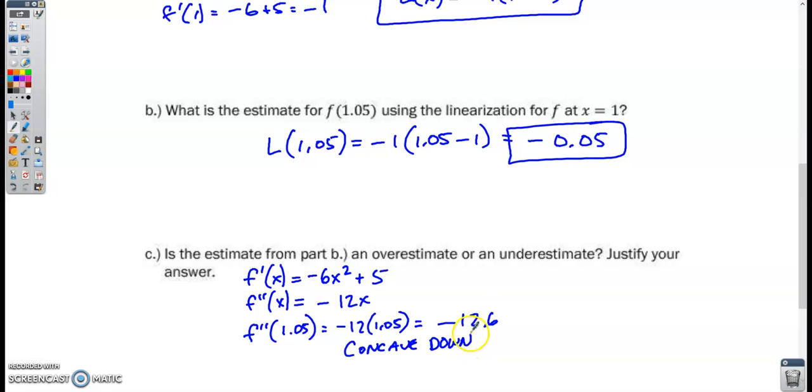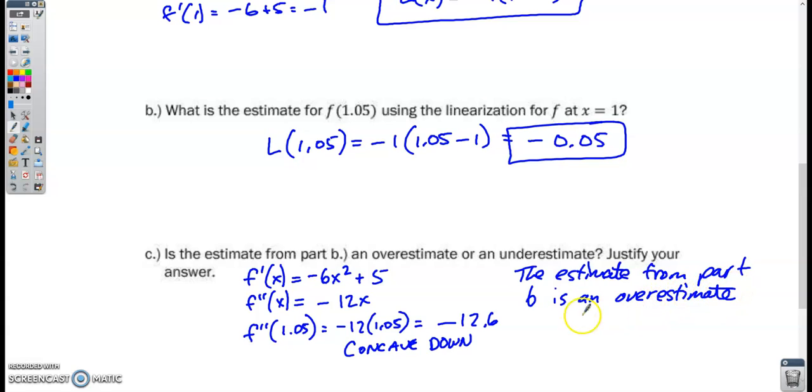And to answer our question, the estimate from part B is an overestimate since f of x is concave down around this linearization.